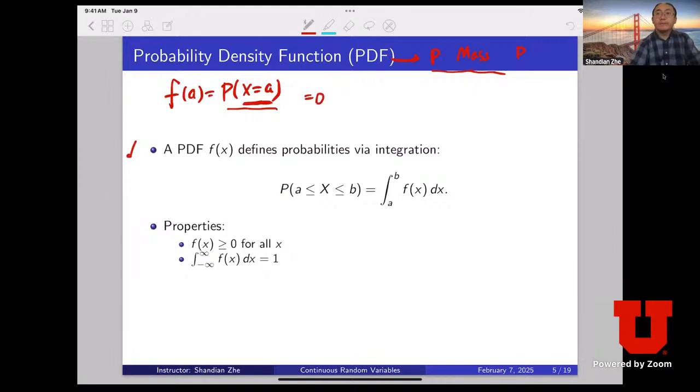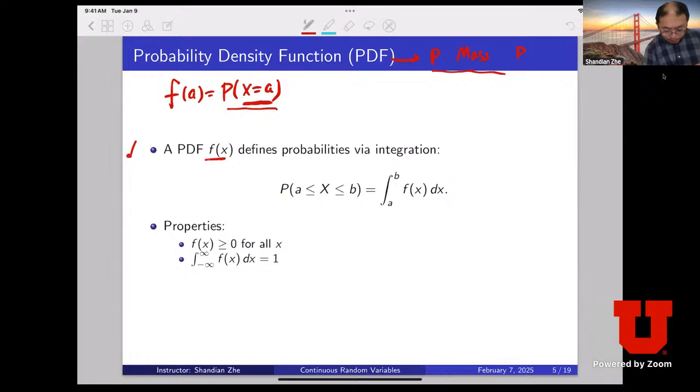So the probability density function is therefore defined in another way. It's kind of indirect. It's not that intuitive. So what's the definition of the probability density function for a continuous random variable?